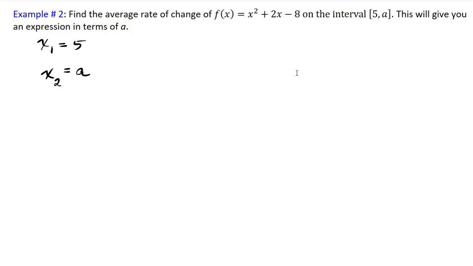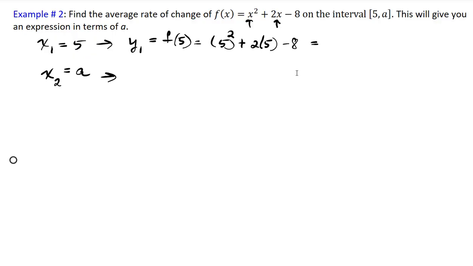value a, then to find their corresponding output values, let's start with y1, that's f of 5, which means that we're going to replace all these x's here with the number 5. Simplify this out, we get 25 plus 10 minus 8, that's 35 minus 8, which is 27.